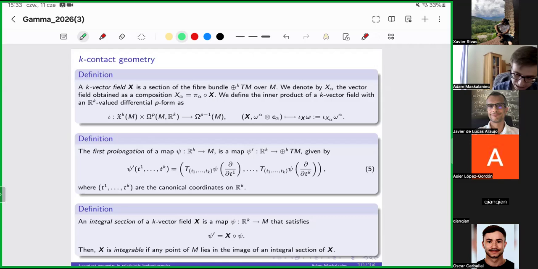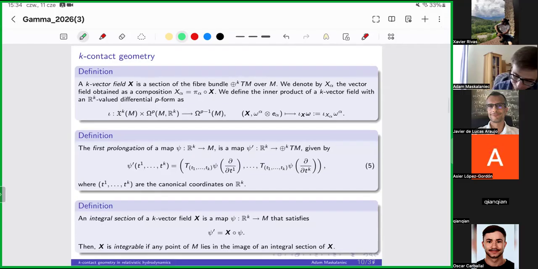So in our case, the k-contact manifold plays the role of a configurational space of our system. And the domain of our fields is the space-time. We consider just the flat case, so our space-time is just R^k.